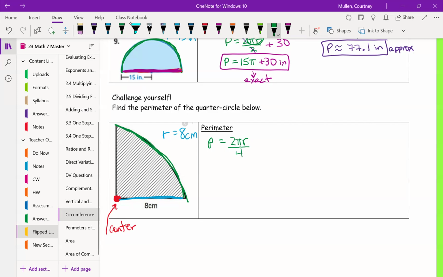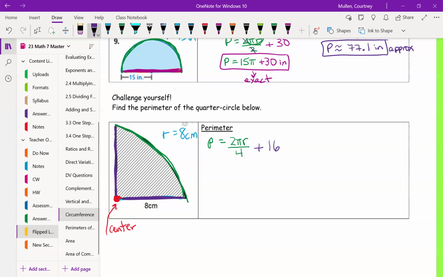Good job. Now the question here is, what should we add on? Well, remember, we have to add on all the flat sides. Well, we have one radius right here. That's a flat side. And another radius right here. So should we add on 8 or 16? 16, because we have to add that 8 twice.